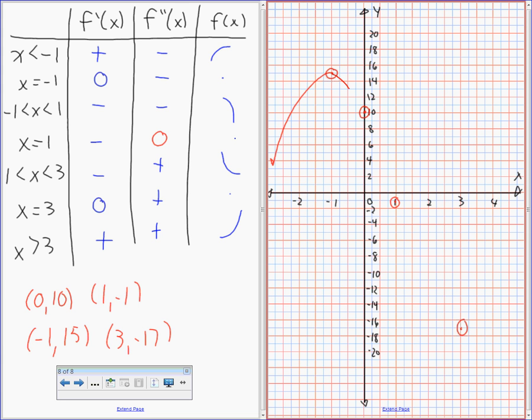So from -1 to +1, as best I can, I'm going to go downward sort of like that. Okay. Then it says from 1 to 3, and I'm going to make the graph look something like this. And then from bigger than 3, it's going to look like this. That is a fabulous graph. Doesn't that just make you happy? It makes me happy. And that is a graph of f of x.